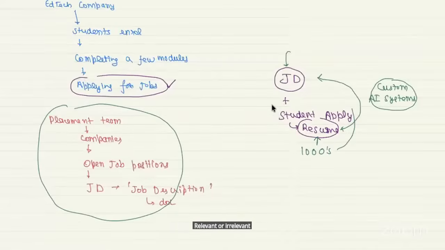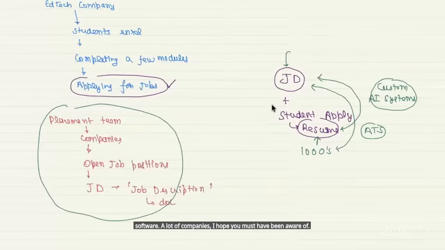By matching whether the resume and JD are a perfect match or not. The software that performs this matching is called ATS software. A lot of companies, I hope you are aware, use ATS systems to match the resume and automatically filter out bad profiles from good profiles.